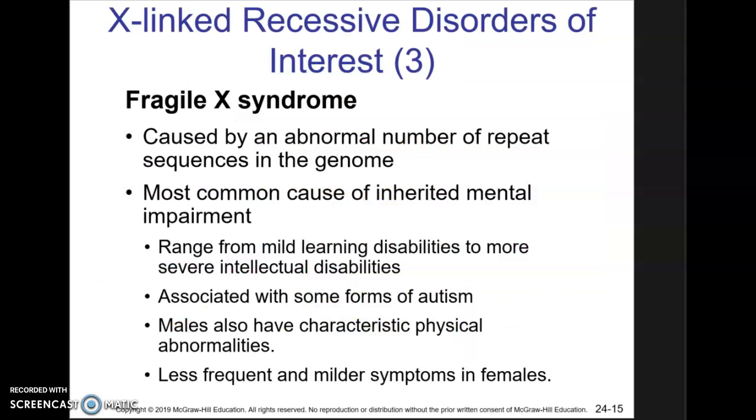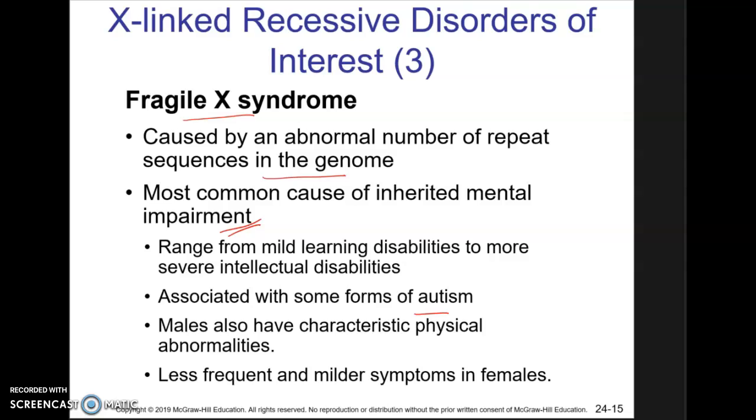The next one, the third that we are studying, is Fragile X syndrome. This is caused by an abnormal number of repeat sequences in the genome. It is the most common cause of inherited mental impairment, ranging from mild learning disabilities to severe intellectual disabilities.